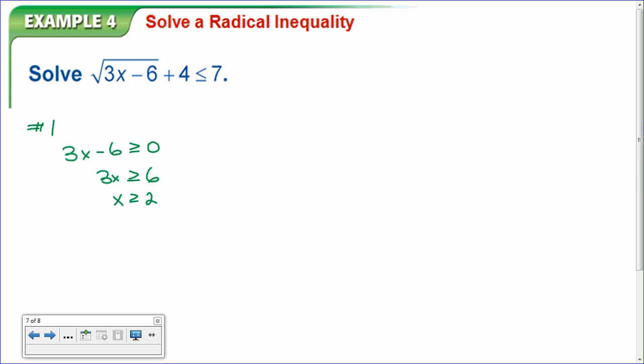We're now going to go ahead and solve this just like we did with the previous equations. The square root of 3x minus 6 plus 4 is less than or equal to 7. I'm going to subtract 4 from both sides. So 7 minus 4 is 3. So I have the square root of 3x minus 6 is less than or equal to 3.